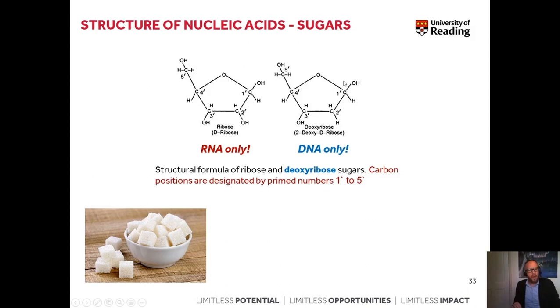Again, those carbon atoms in those molecules are arranged in an identical way. We are starting with this carbon atom. We are referring to this atom as 1'. Then we have the 2', 3', 4', and 5' carbon atoms, and this is the same in ribose. We have the 1', 2', 3', 4', and 5' carbon atom.